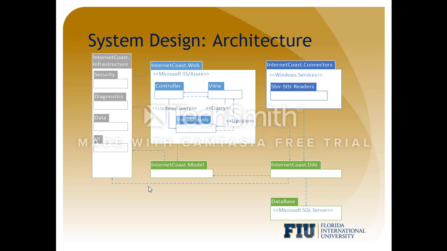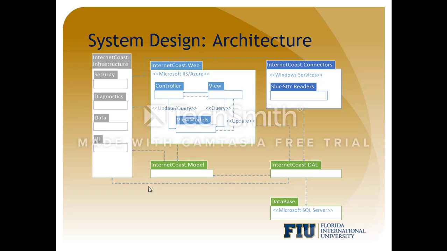So we also have what I call the infrastructure, which is code that is reused through the whole system. Code that is useful for features like security, diagnostics, data, the user interface, for example. We also have the model, which contains all the information, all the entities, basically.